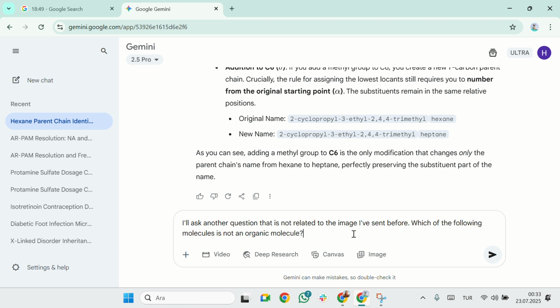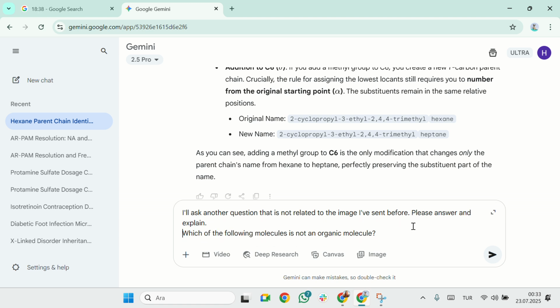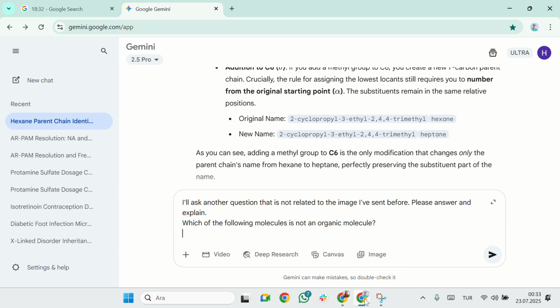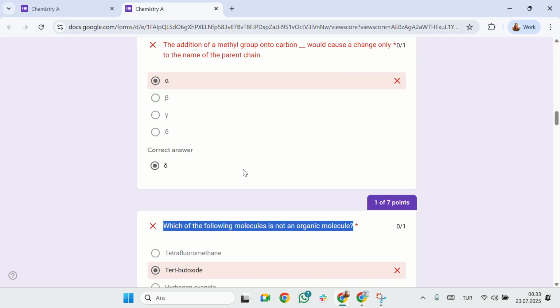Which of the following molecules, please answer and explain. Which of the following molecules is not an organic molecule?